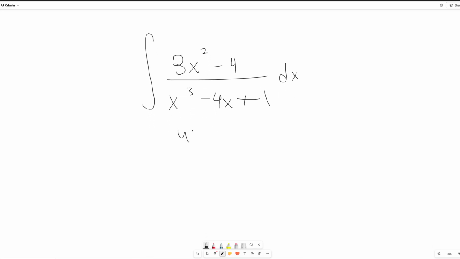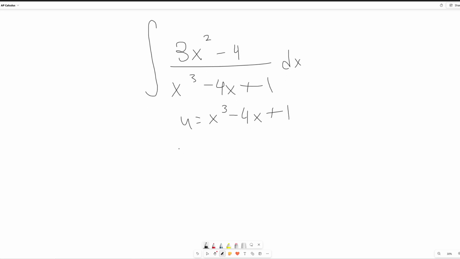You set your u equal to the denominator. Usually that is how it's going to go. And now, du over 3x squared minus 4 equals dx. And, would you look at that? You have a 3x squared minus 4 over there.